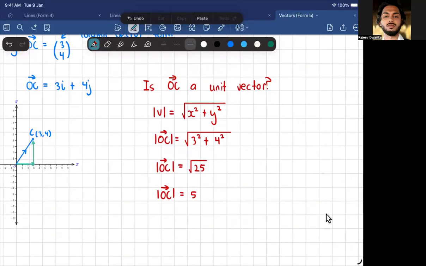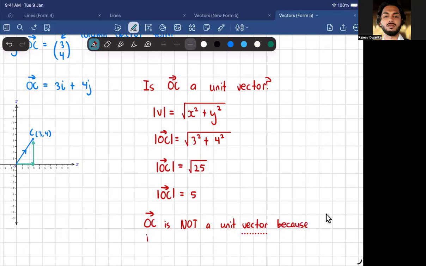Is the magnitude of this vector 1? No. So O to C is not a unit vector because its magnitude is 5.